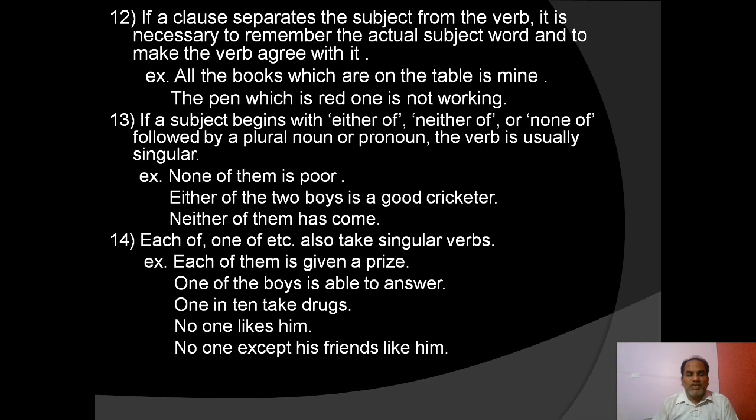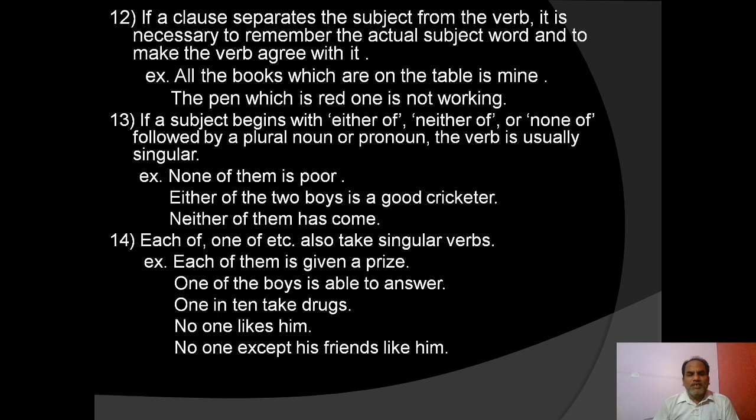But in the next sentence, 1 in 10 does not mean that it is only one. It may come one after another. Suppose 10 to 100 is there, so it may be many. So a plural noun is there.